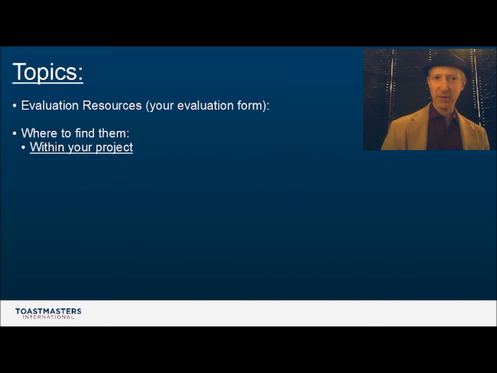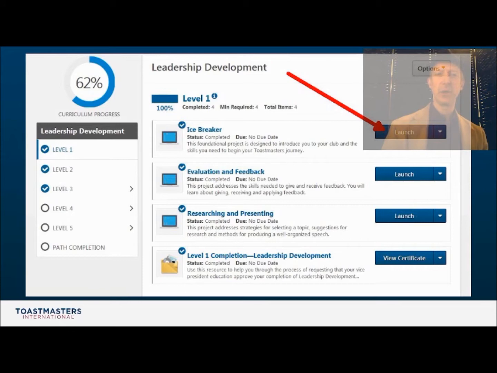We're going to talk first about finding the evaluation resource within your project. This is a review from that previous video, completing a project. So here we are within, in this case, the leadership development path, and we are in level 1, just about to click on launching the icebreaker.